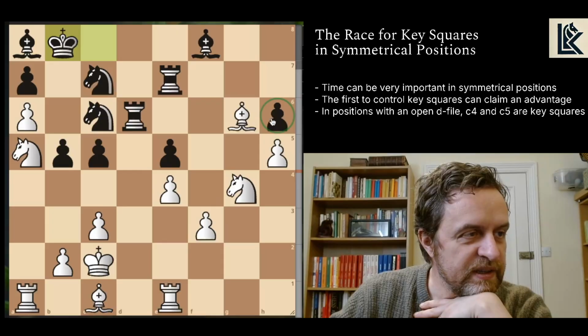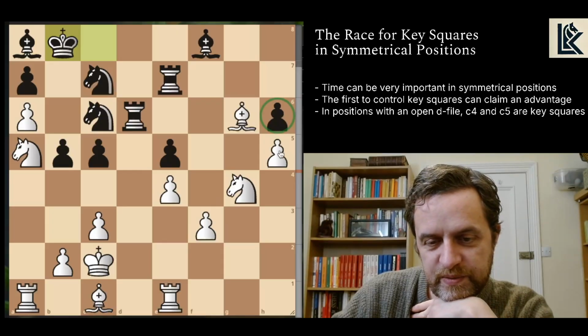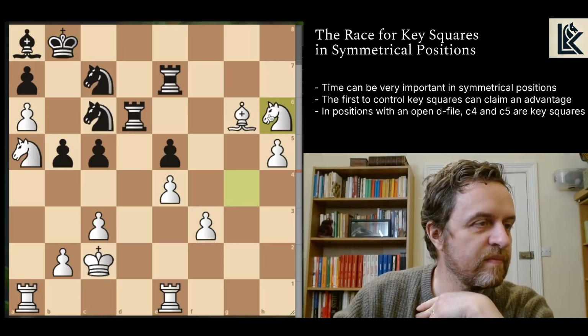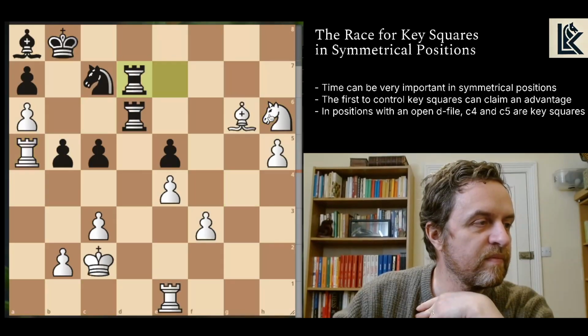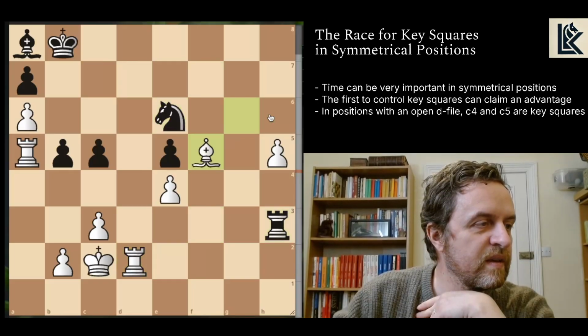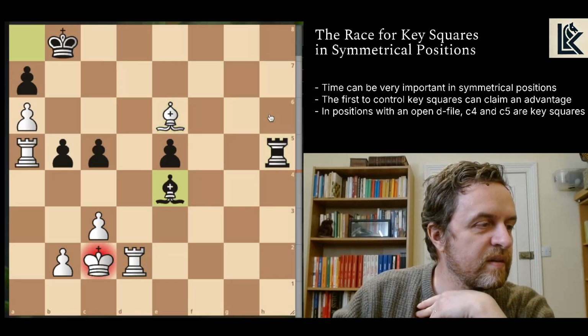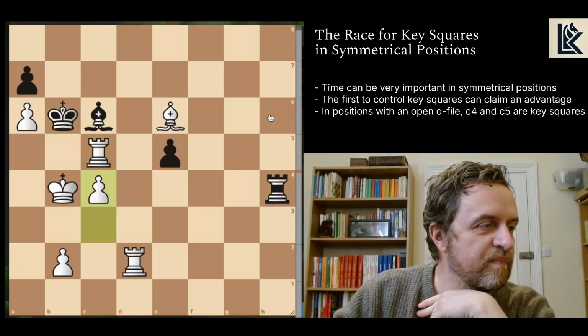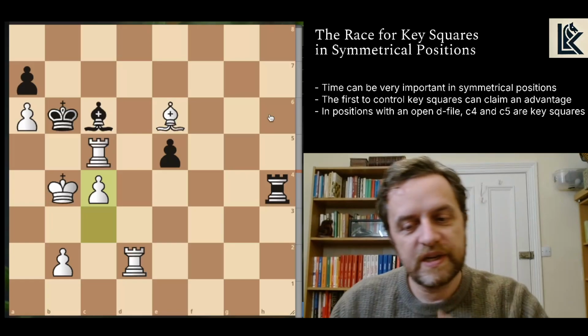So as you can see, the h6 pawn is now a weakness, which we've fixed, and we're going to win it. So it's all over now, and Joe resigned here.